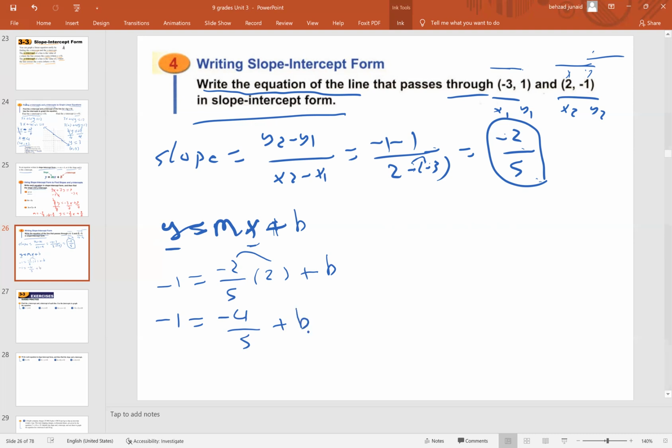And then we are going to isolate b. Let's add 4 over 5 to both sides. We can cancel negative 4 over 5 with 4 over 5. Negative 1 plus 4 over 5 equals b.